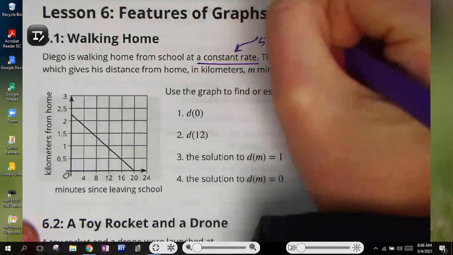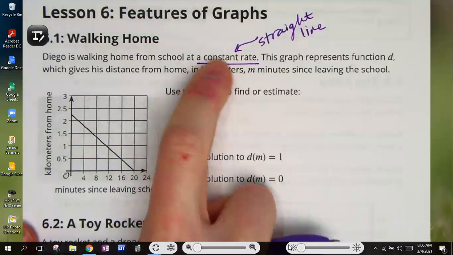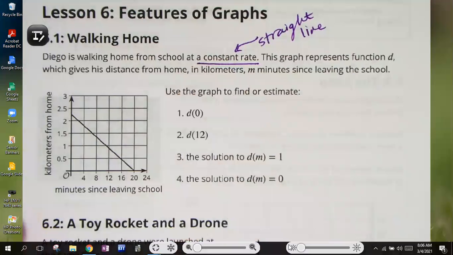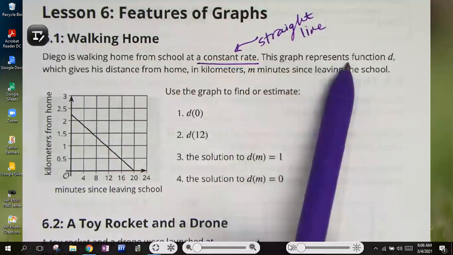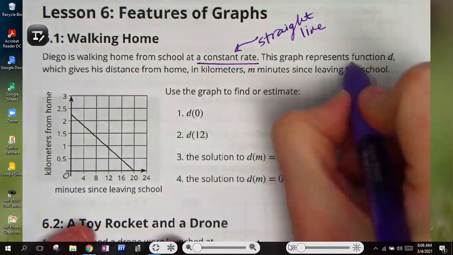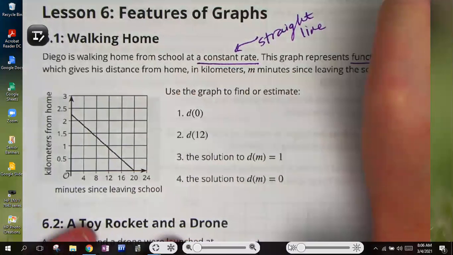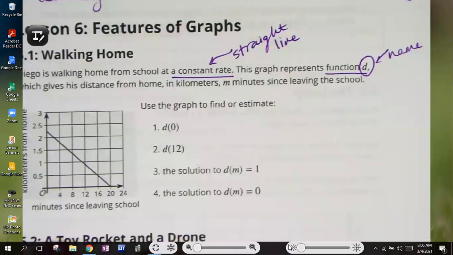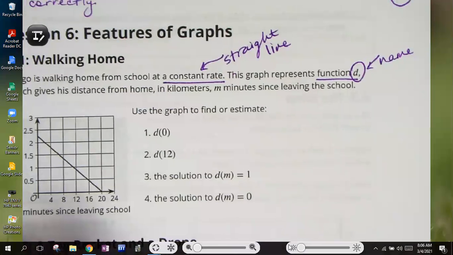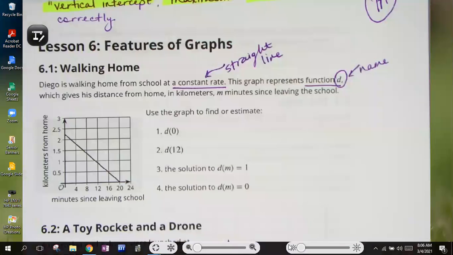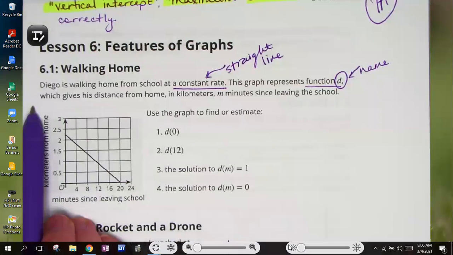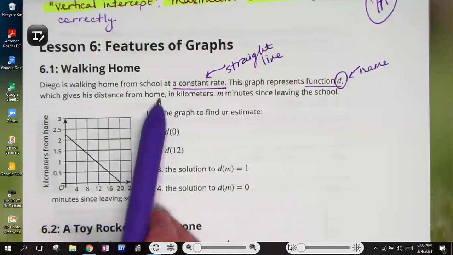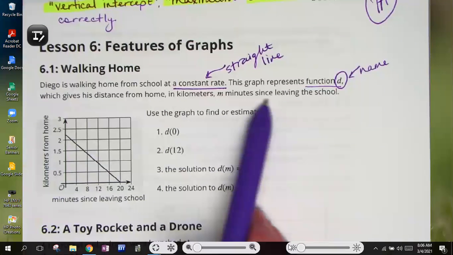They use terms like at a constant rate when they're describing the slope of a line, so that you know it's constant. All right, this graph represents function D. What's the name of this function? D. Which gives his distance from home in kilometers, m minutes since leaving the school.